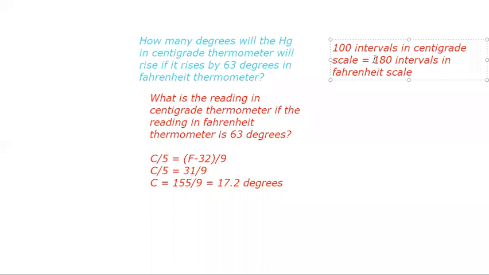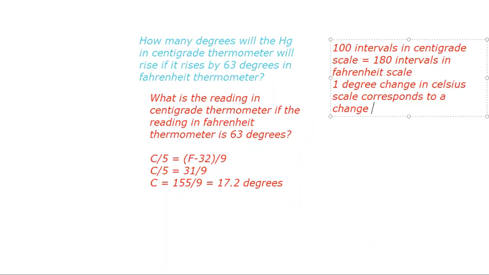So if there is a change of 63 degrees, we can write: 1 degree change in Celsius or centigrade corresponds to a change of 180 by 100, that gives you 9 by 5 degree change in Fahrenheit scale. Am I clear?